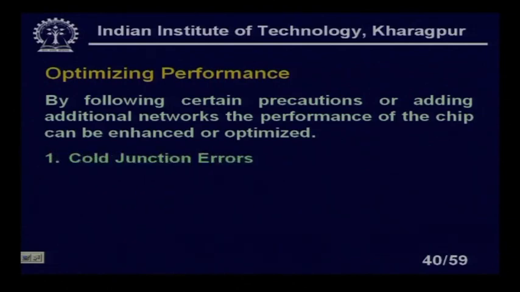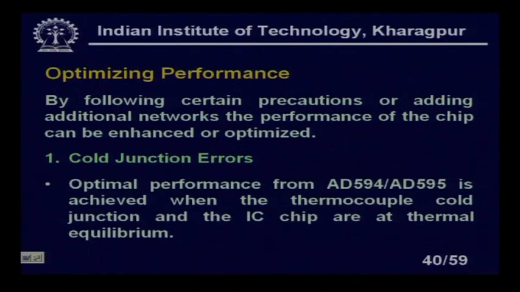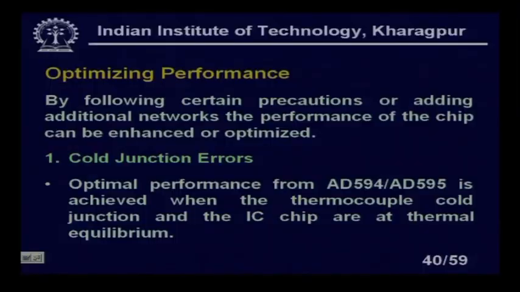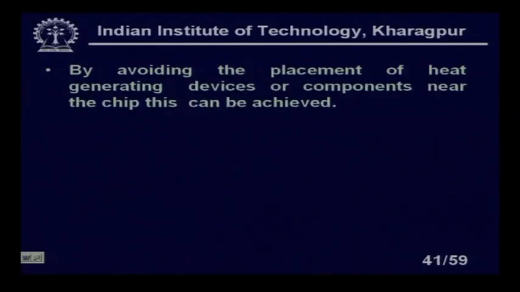Cold junction error, this is one error. Optimal performance from AD594, 595 is achieved when the thermocouple cold junctions and the IC chips are at thermal equilibrium. It should be at the same temperature, that means cold junctions. So, if I put the AD594 and AD595 very close to the isothermal junction, that means where I am connecting the copper wire to the alloy wire of the thermocouple, this will satisfy this statement and the cold junction errors will not be there.